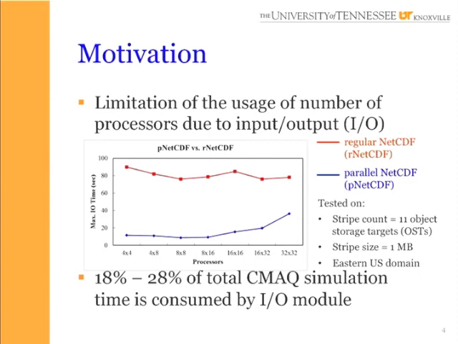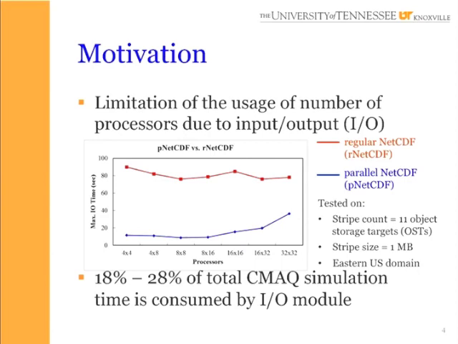We do a very simple graph. The red line is just regular NetCDF, and the maximum I/O time in this particular case is, let's say, an average of 80 seconds, something like that. But if we switch to parallel NetCDF, we get down to about 20 seconds.